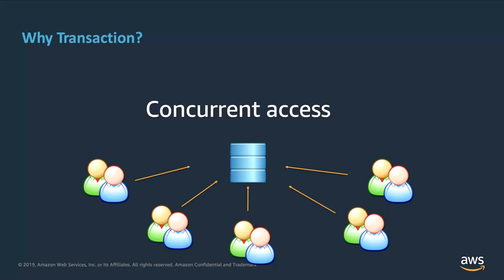So one way to solve this concurrent access is, you have a front end layer in front of the database, and you ensure all the reads and writes go through that. But that doesn't fully solve it.